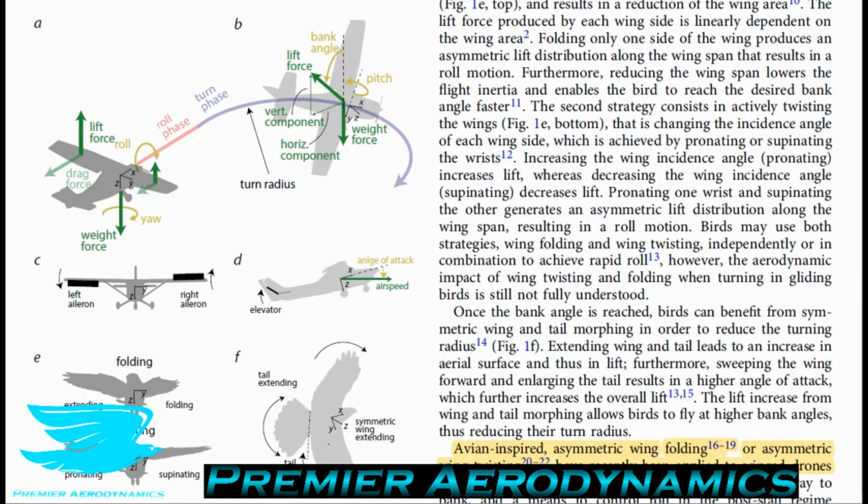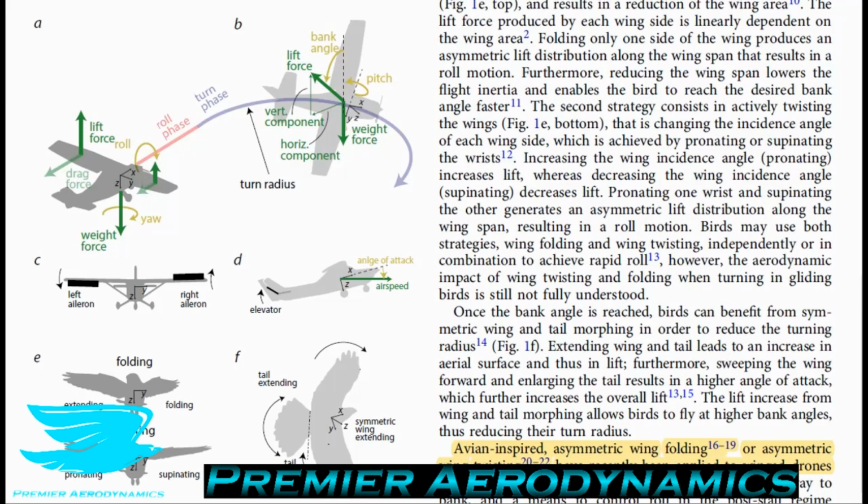The second strategy consists in actively twisting the wings so that it changes the incidence angle of each wing side, which is achieved by pronating or supinating the wrists. So this is akin to the typical way that we roll our aircraft, which is you change the aileron deflections.